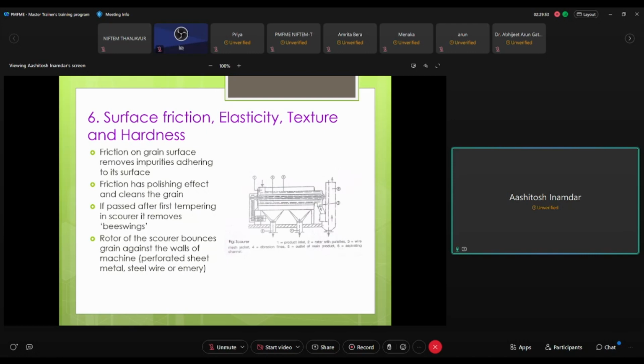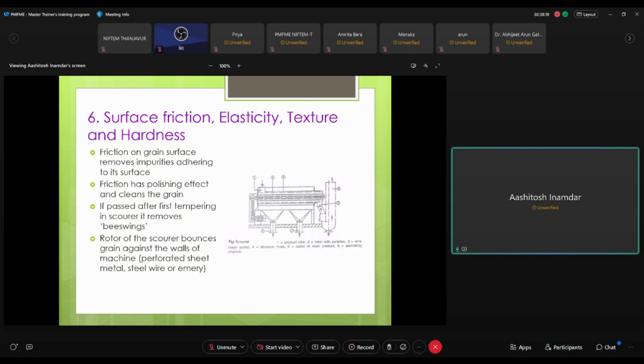So what is done is this is passed through a machine called a scourer. The machine itself is called a scourer. This scouring will happen, so surface cleaning will happen. This machine will have a rotor, and above that there will be one circular screen. When the material comes in, there will be friction between the rotor and the grain, friction between the screen and the grain, and friction among the grains also.